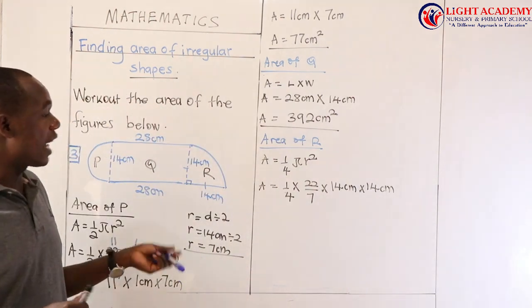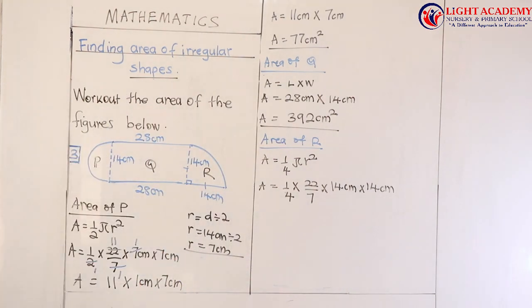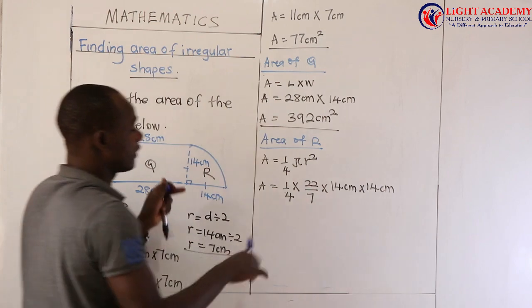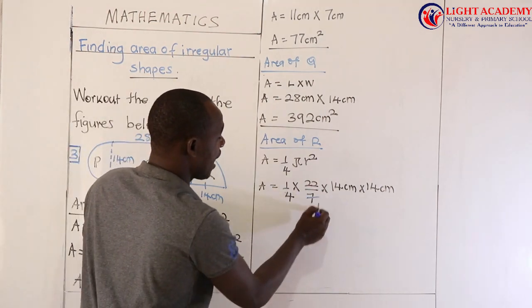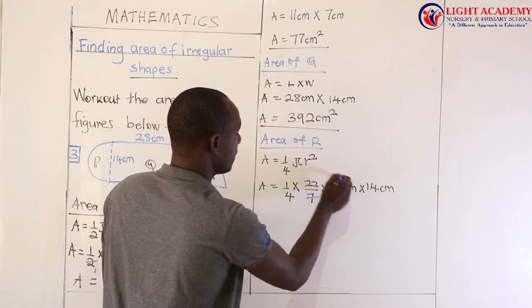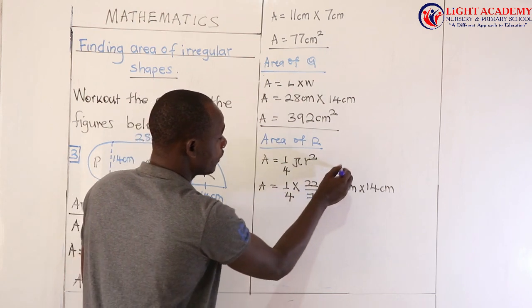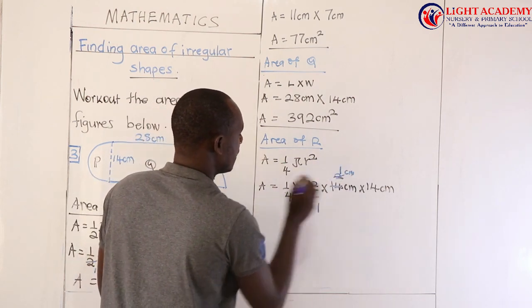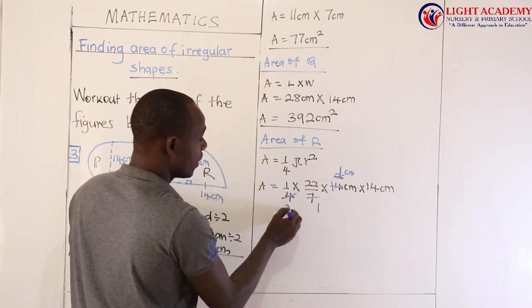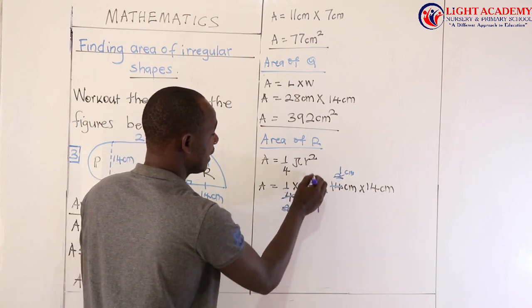So from this point you can now reduce the common factors. I will now have this by 7 is 1, by 7 is 2 centimeters. By 2 is 1 centimeters. And then by 2 is 2. Then by 2 is 1, by 2 is 11.